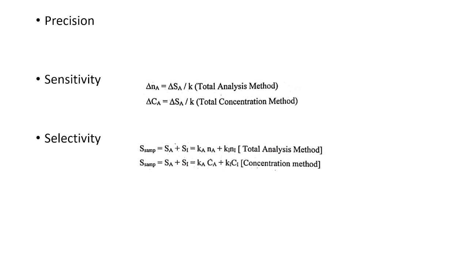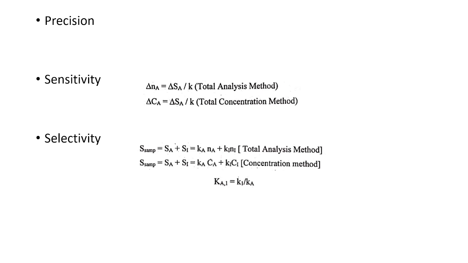Here the selectivity of the method for interferent relative to the analyte is defined as the selectivity coefficient K_ai. So selectivity can be defined as K_ai is equal to K_i upon K_a.